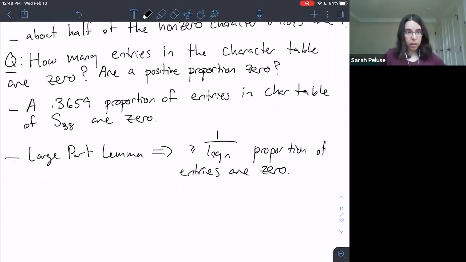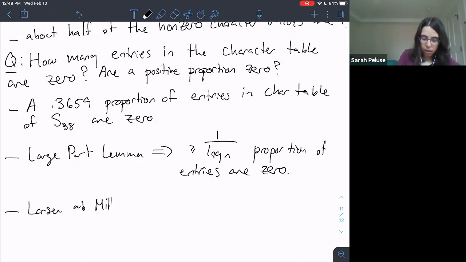And finally, I'll mention that there are results for other groups in related settings. Larson and Miller last summer showed that almost every entry of the character table is zero for finite simple groups of Lie type in the large rank regime.